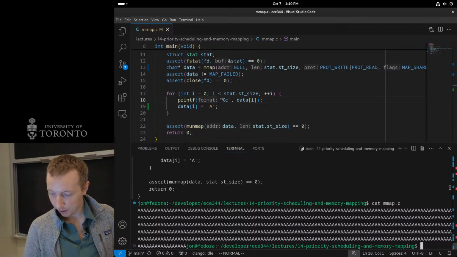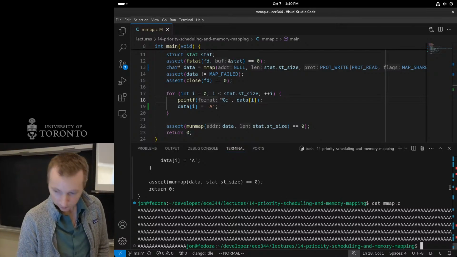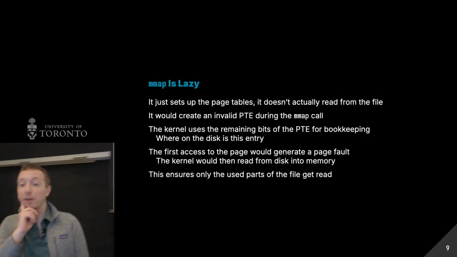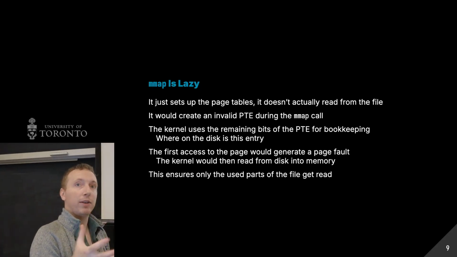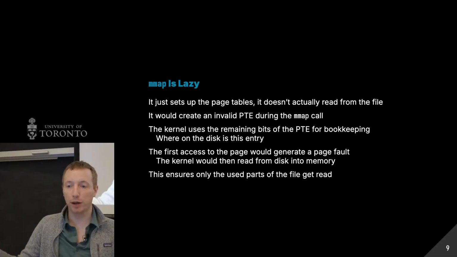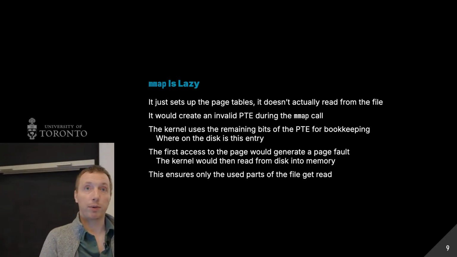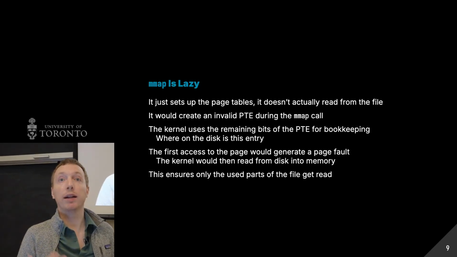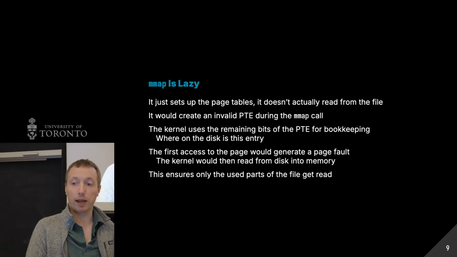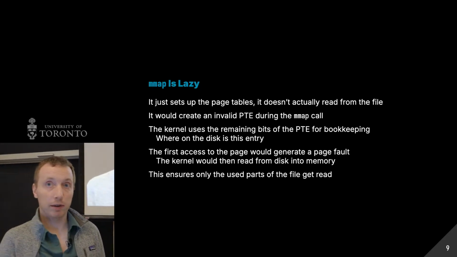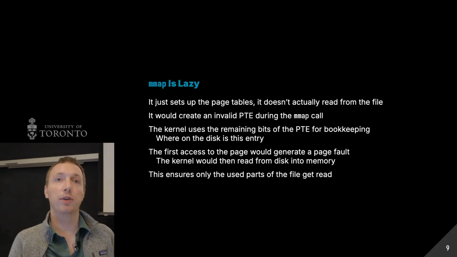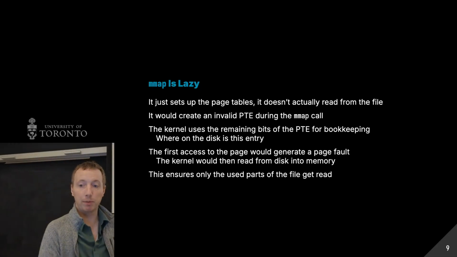So why'd we go over that tangent? How that basically works is, mmap is lazy. It just sets up the page tables and doesn't actually read any data from a file, doesn't pull any physical pages or allocate them. All it does is create a bunch of invalid page table entries and figures out what they actually map to, so that whenever you use it, it stuffs some other information into the PTE to figure out what it should do the first time you access this virtual memory address.